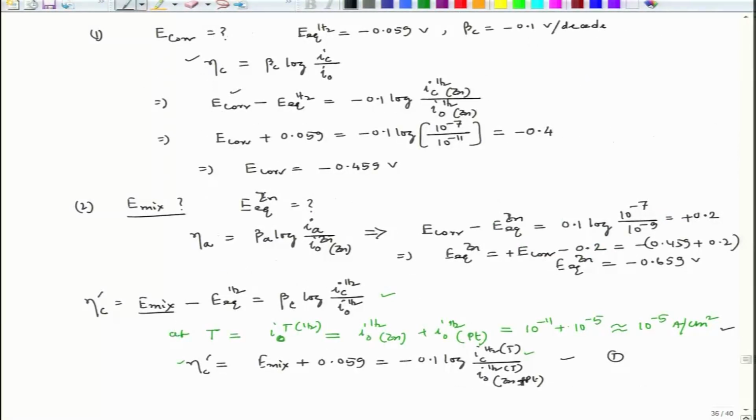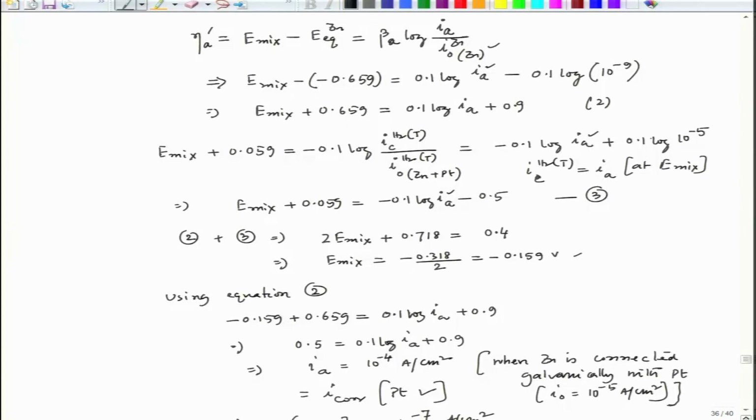So, this is about a situation when we connect an active component with a noble metal with a higher exchange current density of the cathodic reactions over that noble metal, and then we see how the corrosion potential as well as corrosion current density increases.